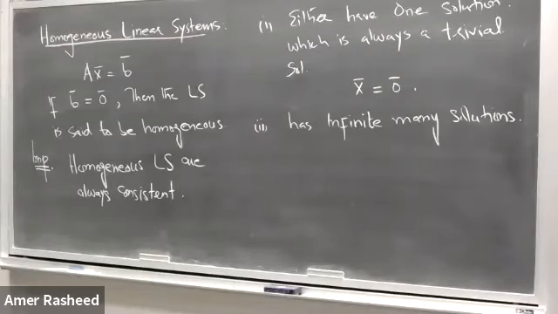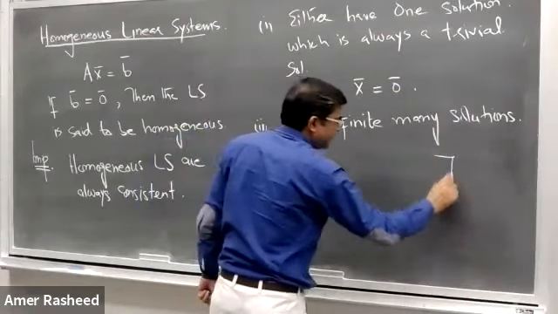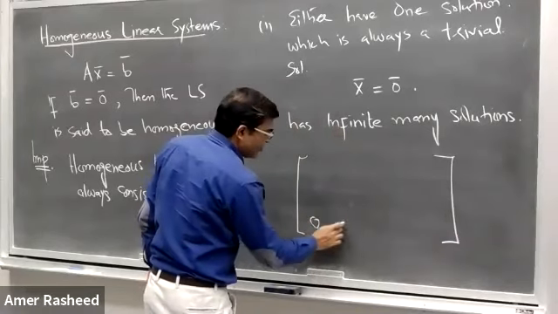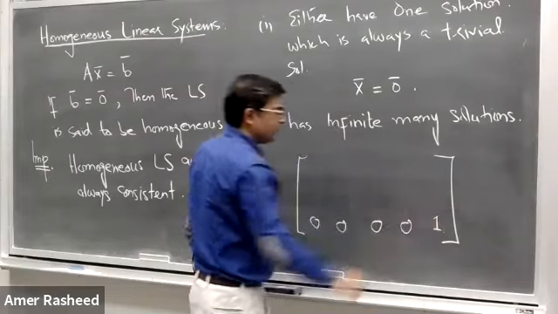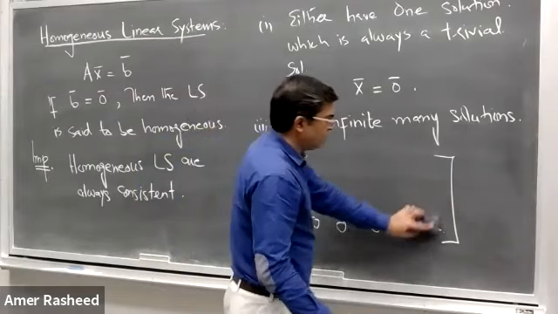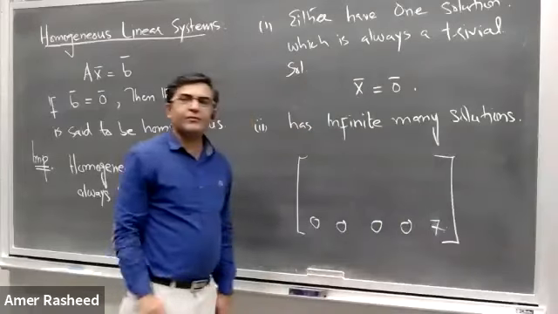I told you in the previous lecture that whenever we have such a situation, the last row has all zero entries except the last one, which may be any number, for example, 7.